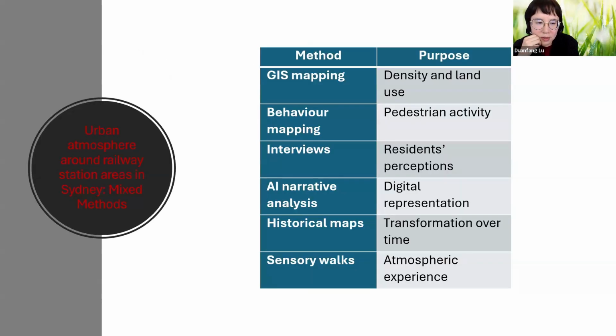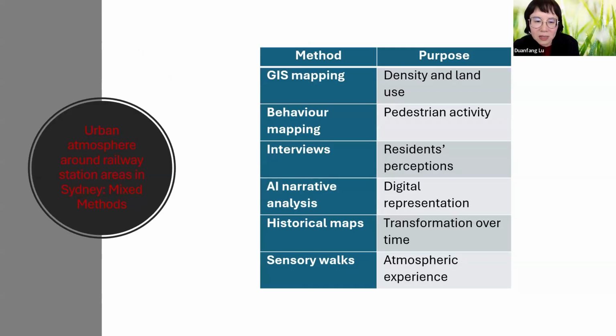So here is a summary of the mixed methods you might use to study a certain topic. In this case, for example, we study urban atmosphere around railway station areas in Sydney.